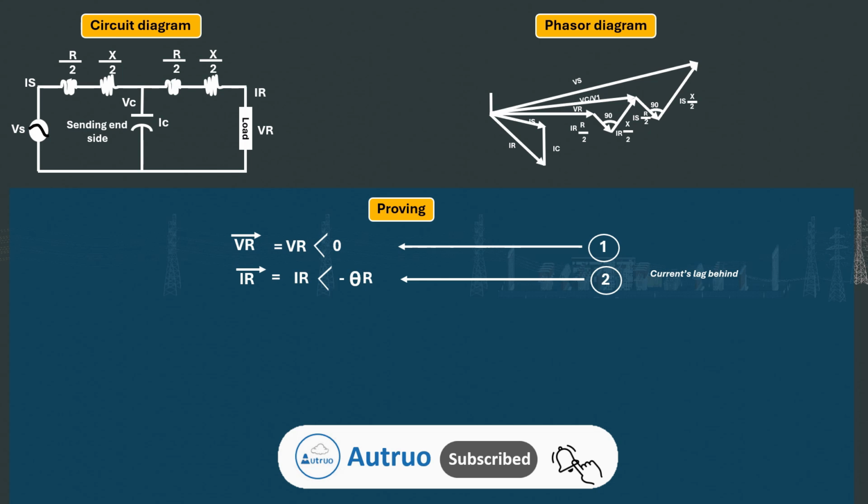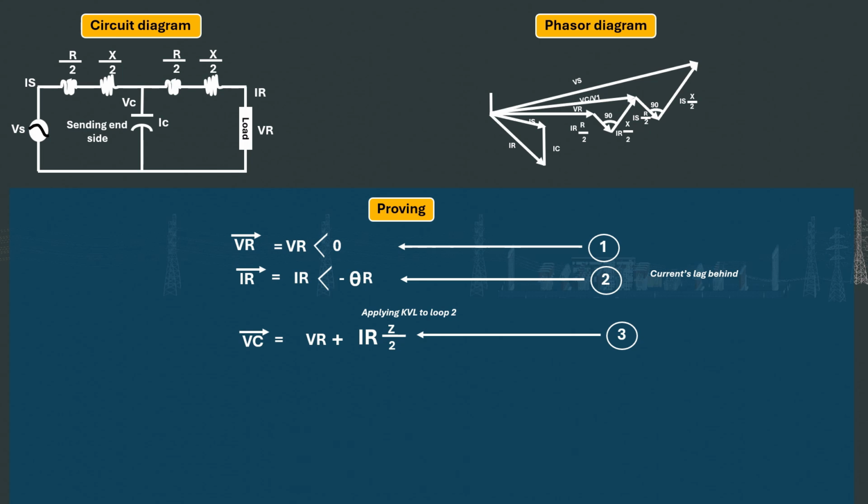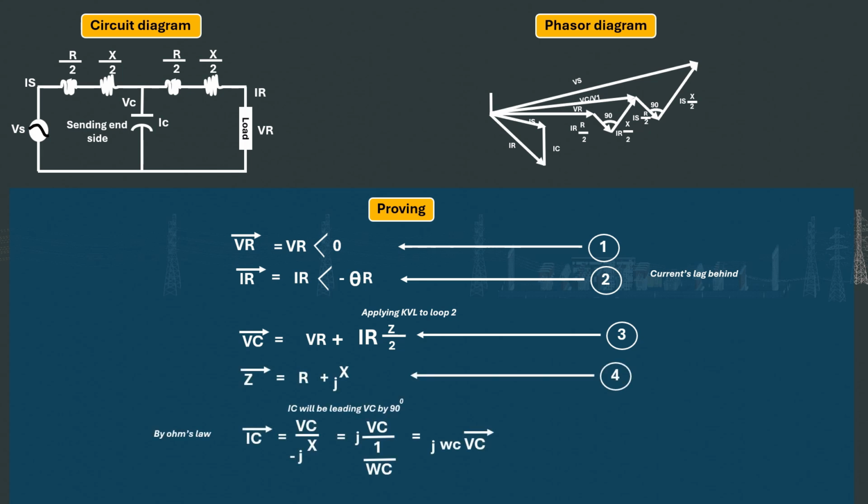Again, just like we said earlier when analyzing the voltage within the capacitance, we use Kirchhoff's voltage law, which is basically voltage drop as a result of some components within the circuit. So the capacitance voltage Vc bar will equal VR plus IR multiplied by the impedance all over 2, equation 3. Again, don't forget that impedance is equal to resistance R plus the imaginary jX. This will be our fourth equation.